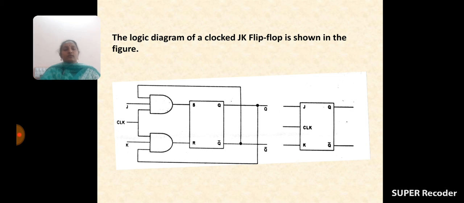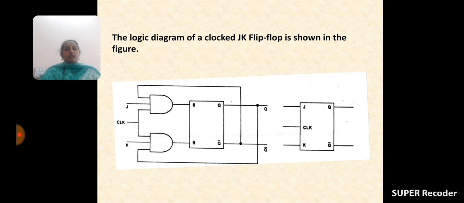How is the JK flip-flop designed? It is designed by adding 2 AND gates across the SR flip-flop. And these 2 AND gates have how many inputs? 3 inputs. One is the clock pulse, which is common and applied to both gates.